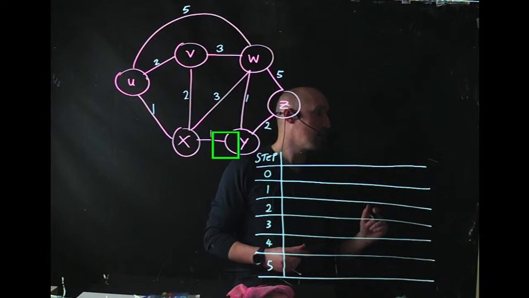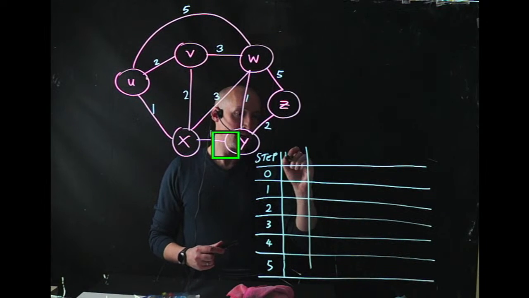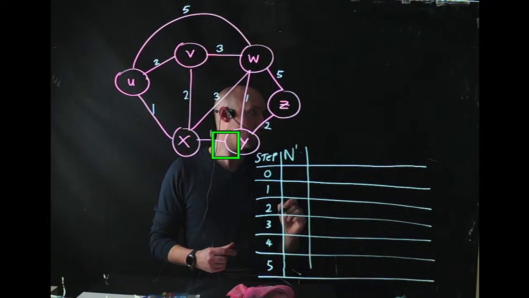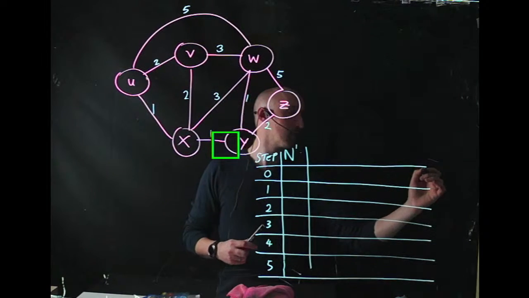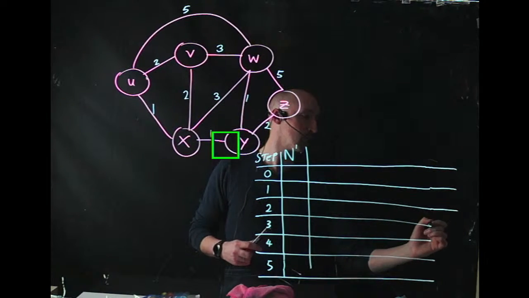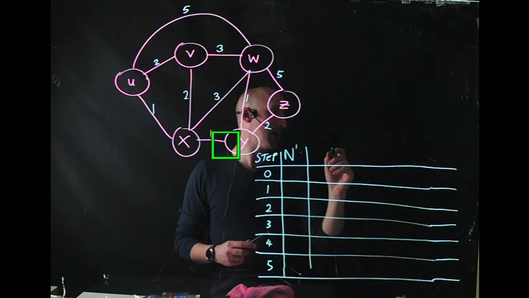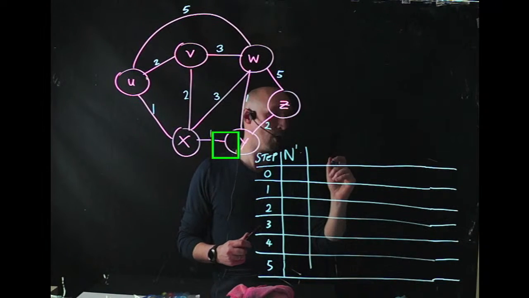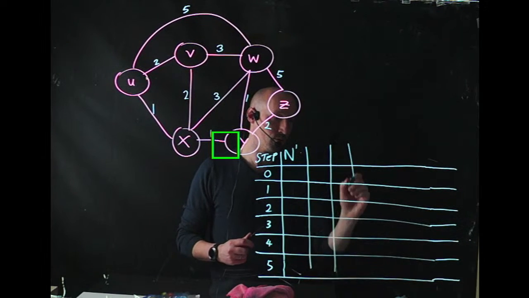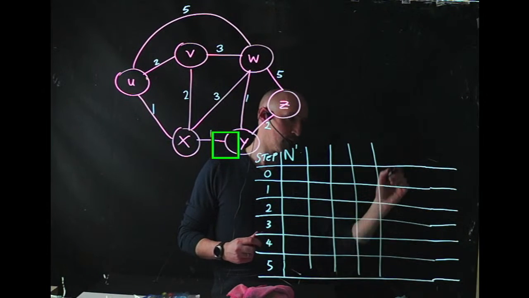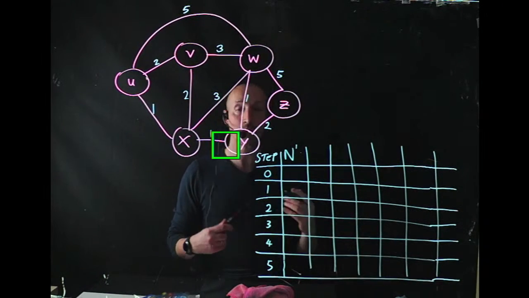And what are the things? So N is the list of things I know about. And dash here. And then I've got the list of nodes that I want to know the least cost paths to. 1, 2, 3, 4, and 5. I only need 5 in this case because there's only 5 other nodes.